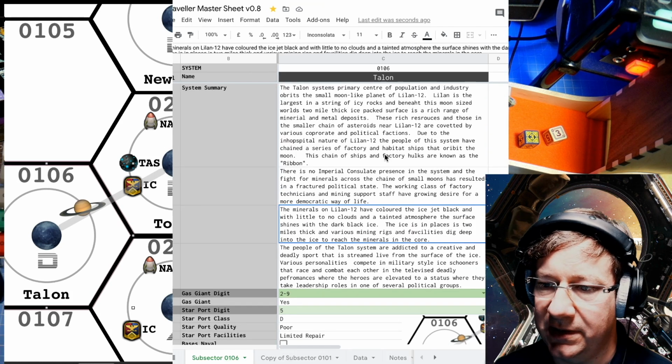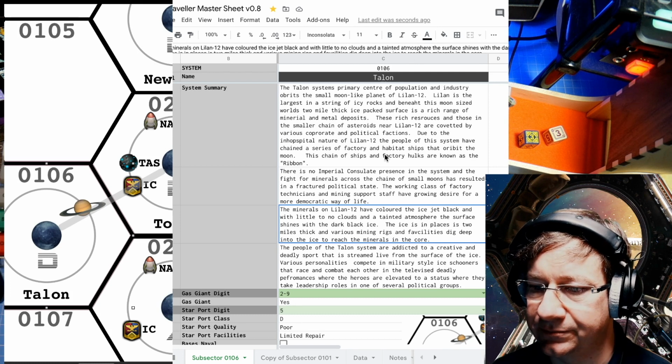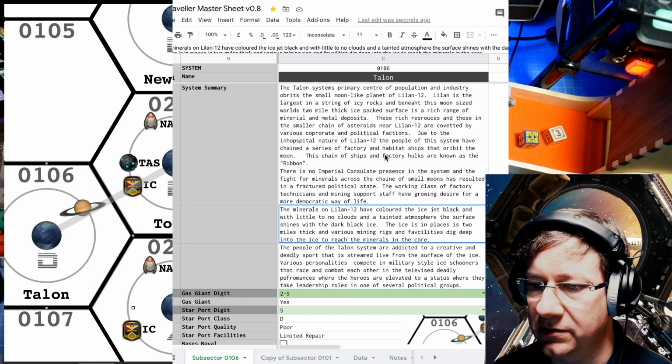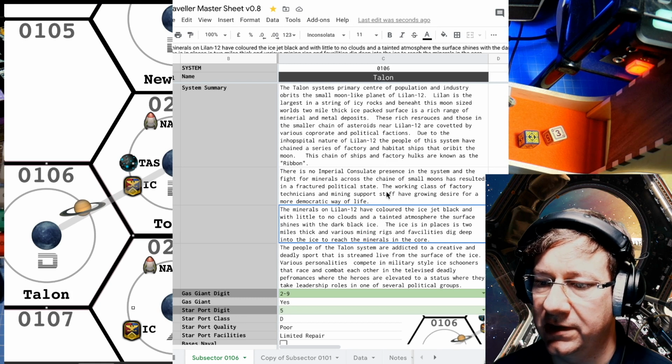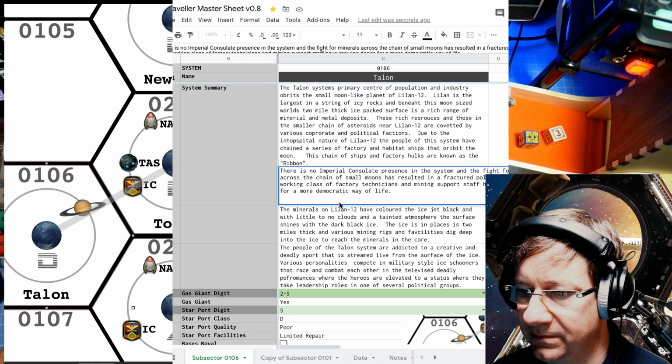There's minerals that stain it black, so it's like this sort of shining black ice world. It's got a chain of factory ships around it in a single ribbon. It's called the ribbon. There's no Imperial consulate presence in the system, and the fight for minerals across the chain, see more spelling there, which will be resolved. Apologies for all my poor spelling as I whiz through.